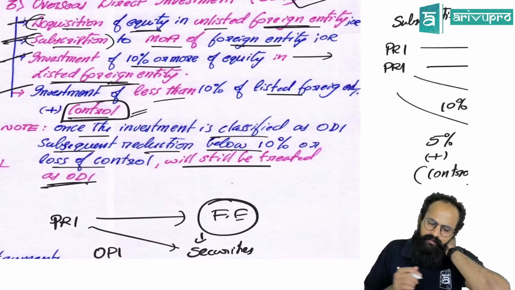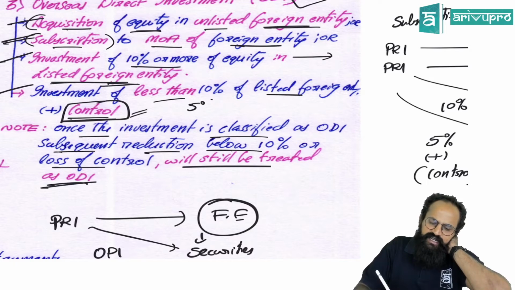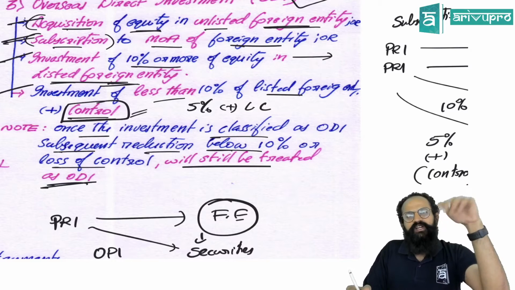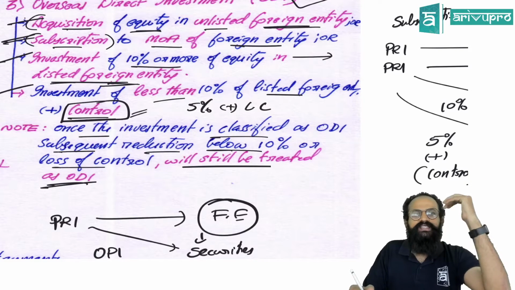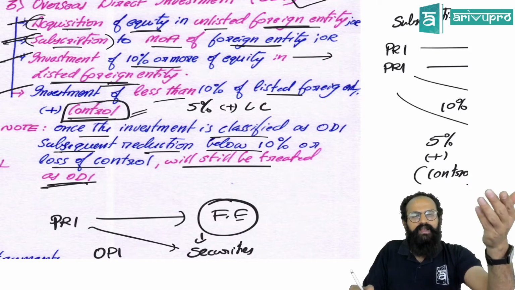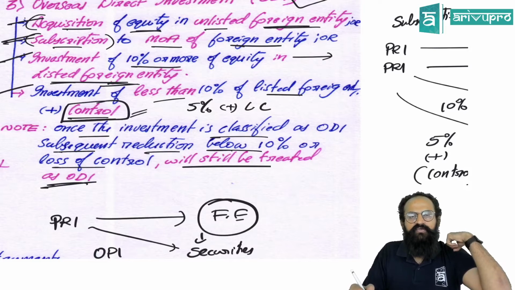People, imagine, I'll give you an example. I made an investment of 5% in a listed company. What is this called? Think and answer. I nowhere mentioned control. I invested less than 10% in a foreign listed company.